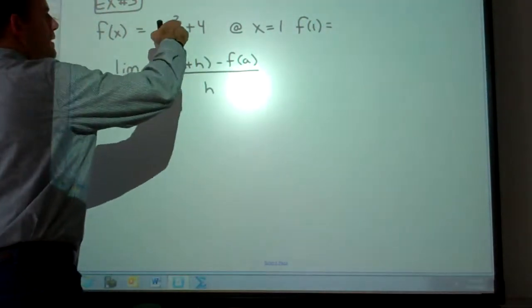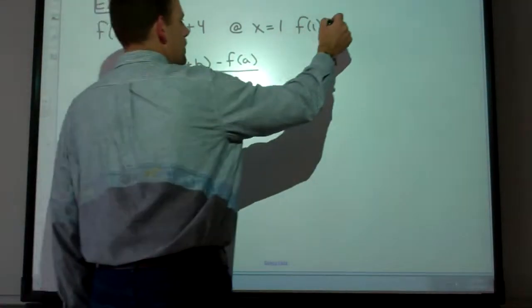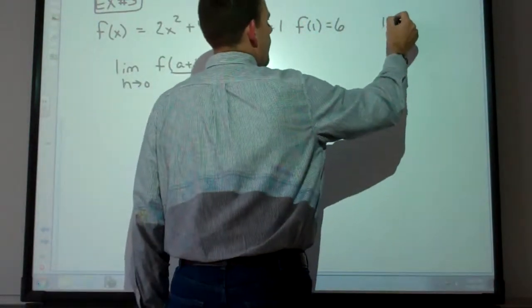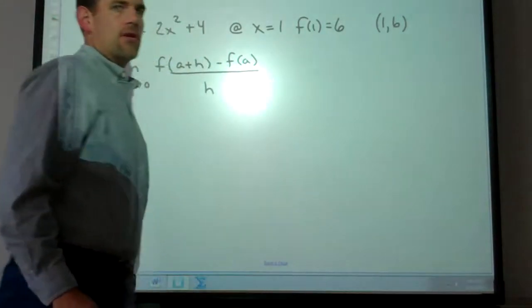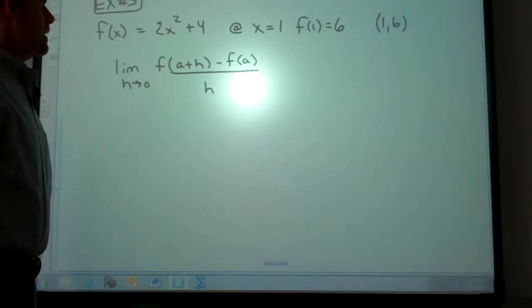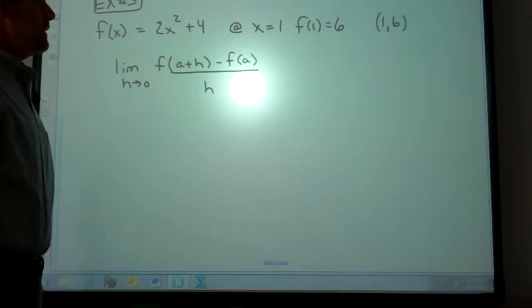So f of 1 is 1 times 2 plus 4, which is 6. So we're dealing with the ordered pair 1 comma 6.